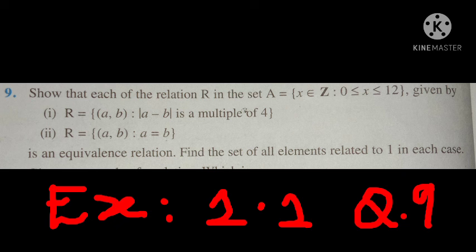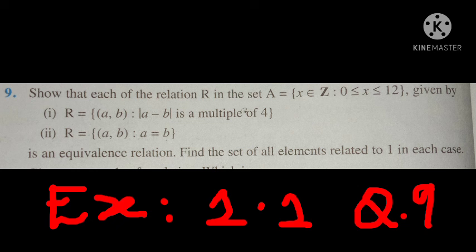Show that each of the relations in the set A = {x belongs to Z such that 0 ≤ x ≤ 12}, given by first one, R = {(a, b) such that |a − b| is a multiple of 4}, and second one, R = {(a, b) such that a = b}, is an equivalence relation.